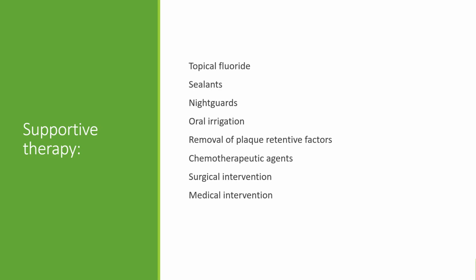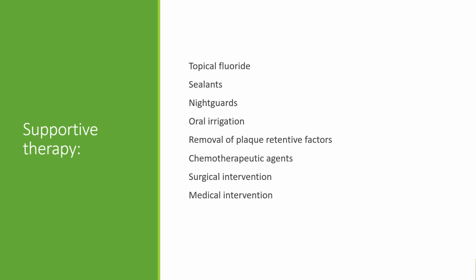Removal of plaque retentive factors. Are there overhangs? Are there old restorations that a dentist needs to go in and remove, and get rid of that overhang? Do we have to recommend chemotherapeutic agents like the doxycycline that I talked about before, that is prescribed and that we can either give topically or can be delivered locally? Do they need surgical intervention?